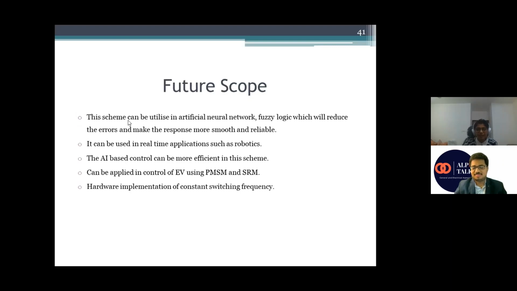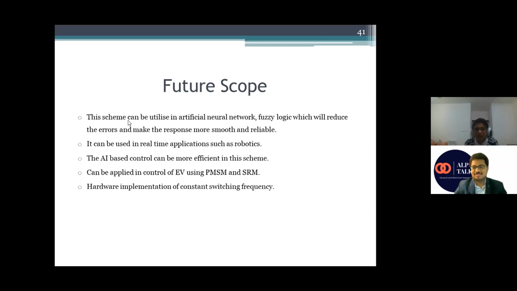So what are the major things that we want to know through any project is the future scope, how we can use these things in future. I have used PI controllers in this. If I can apply artificial intelligence, ANN or fuzzy logic instead of PI controllers, then that will be more reliable.